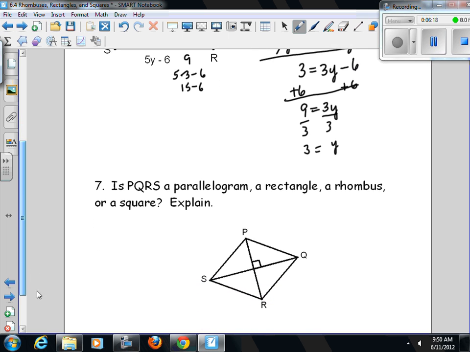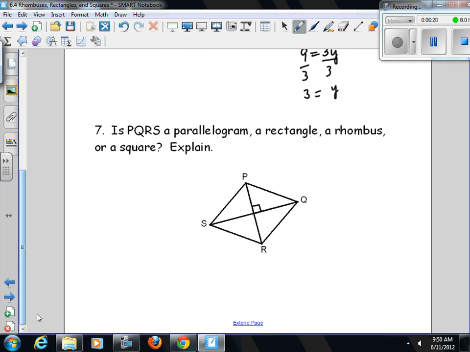Okay, let's look at this next one. Is PQRS a parallelogram, a rectangle, a rhombus, or a square? Well, let's see what we know about this. We know that the diagonals are perpendicular to each other.